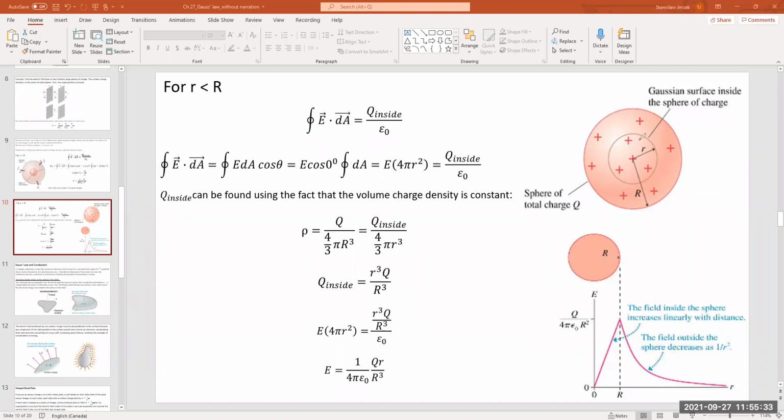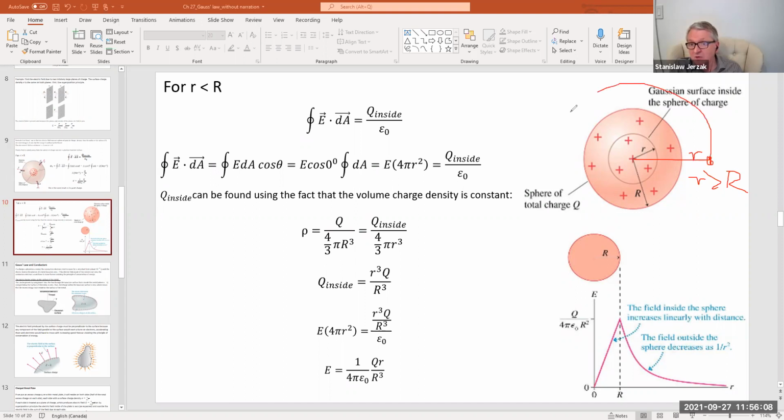But from this slide compared to the last slide, one of them is you're picking the surface to be bigger than the charge. Yeah, because on the previous slide I wanted to calculate the electric field outside of the sphere of charge, when lowercase r was larger than capital R. So I took a Gaussian surface passing through this point, at a large distance.